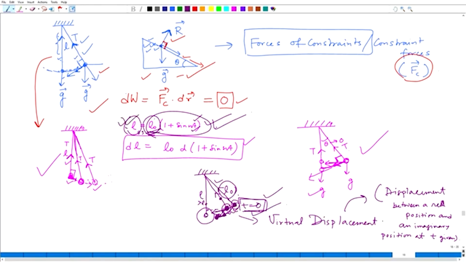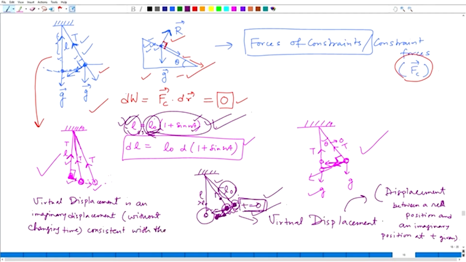That is not consistent with your constraint. So, virtual displacement is an imaginary displacement, without changing time, an imaginary displacement consistent with the given constraint for a motion.